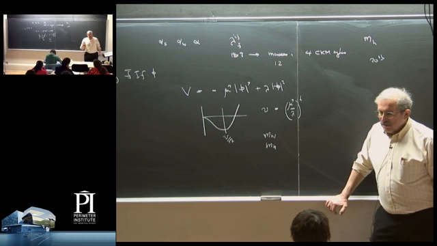You have a Hamiltonian where you can define a symmetric state, but that symmetric state is not the minimum energy configuration of the Hamiltonian. There's another eigenstate of the Hamiltonian which has a lower energy, but it doesn't preserve the symmetry of the Hamiltonian. That's what's called spontaneous symmetry breaking.